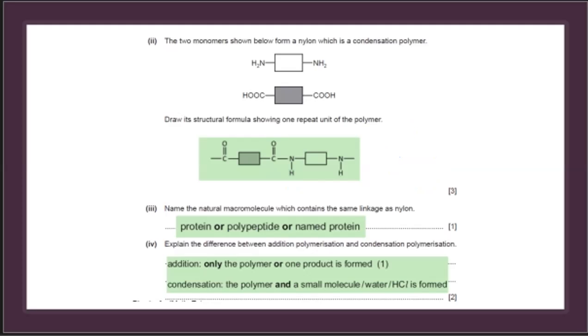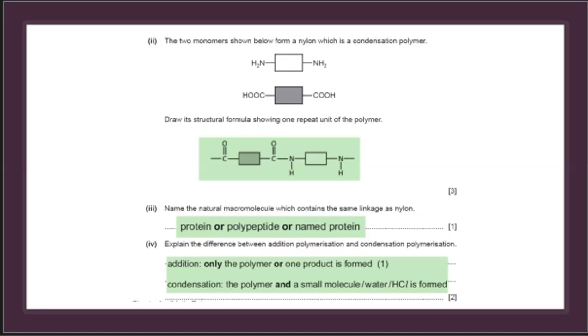But we'll explain the difference between addition polymerization and condensation polymerization. Again, with addition polymerization, only the polymer is produced from the monomer. With condensation polymerization, the polymer is produced along with another molecule.